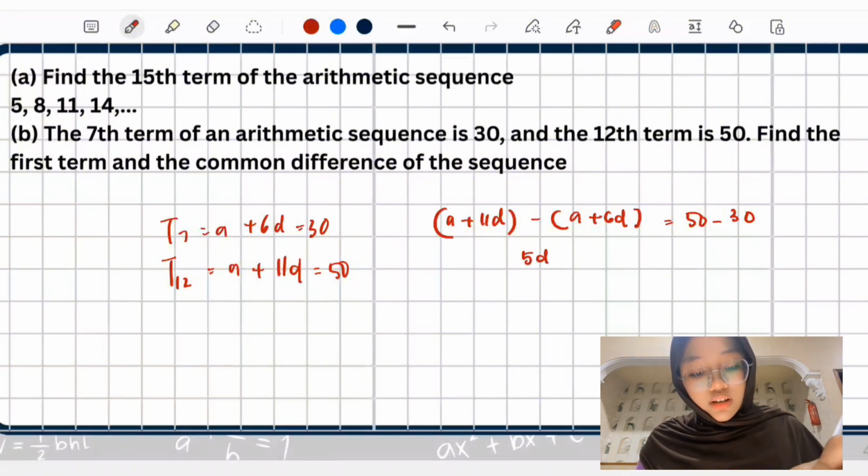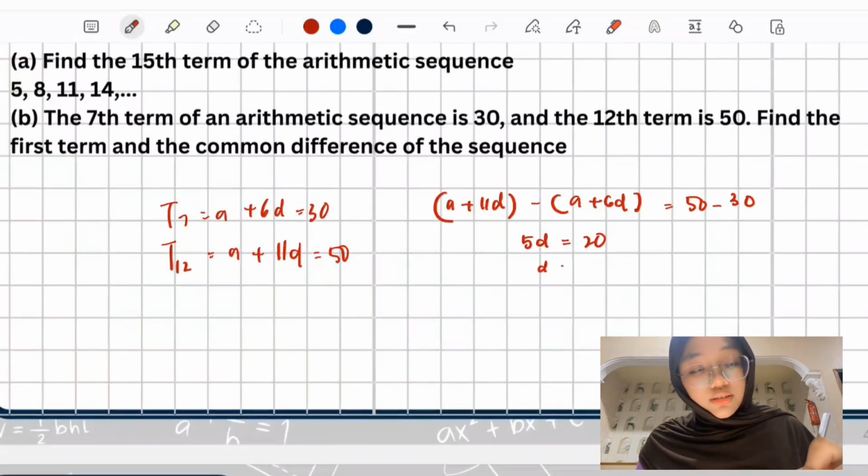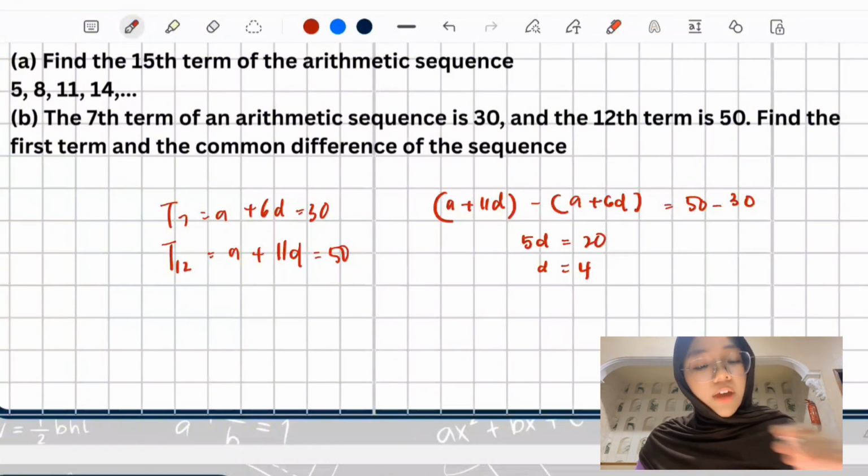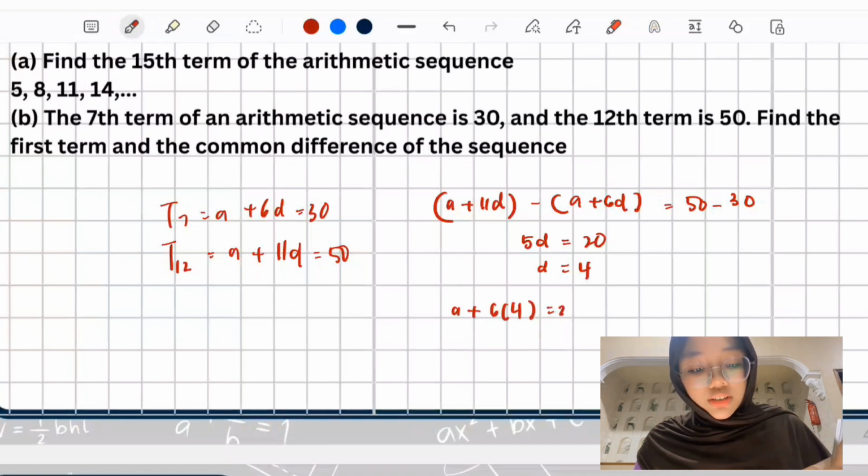So we will get 5d equal to 20, so d will be equal to 4. The common difference is 4. Now substitute back into equation 1: a + 6 multiplied by 4 equals 30.